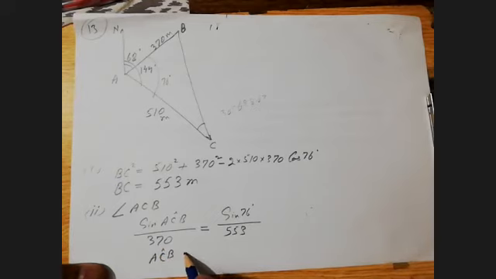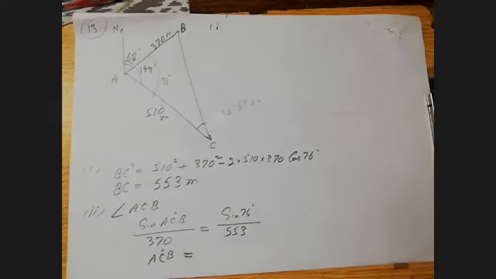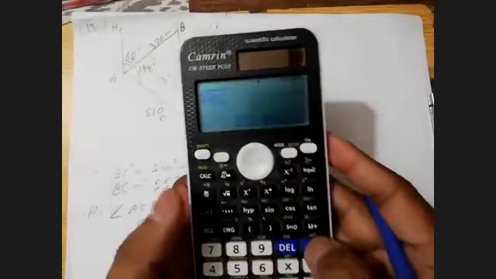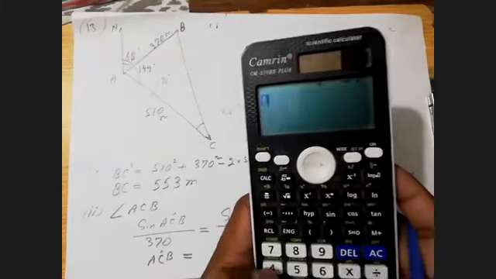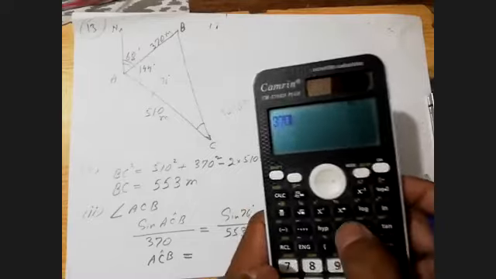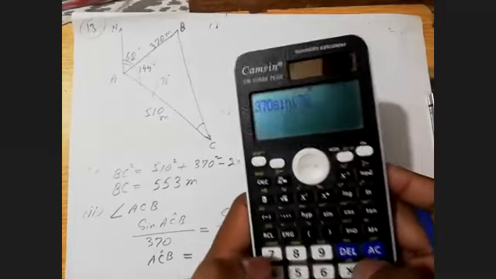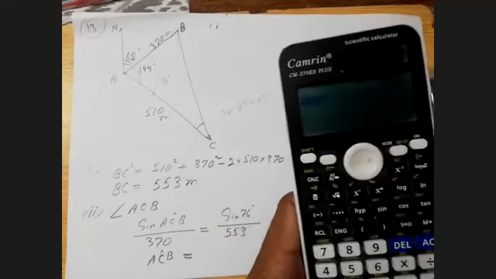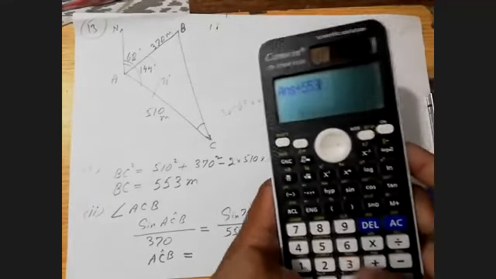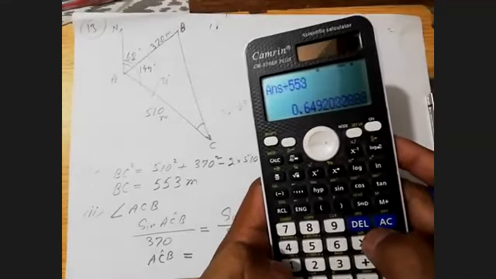One student has already given me the answer, but I just want to know the answer from the rest of the students. In the meanwhile, I'm also trying to show you the answer. 370 into sine of 76, and then this whole is divided by 553, and I got 0.64.